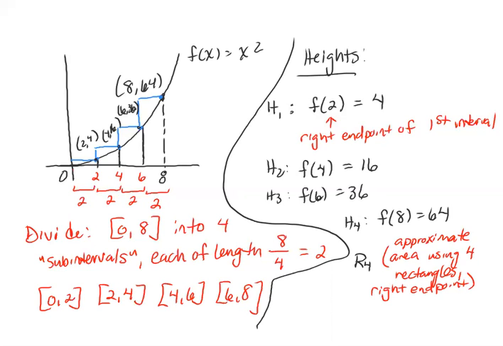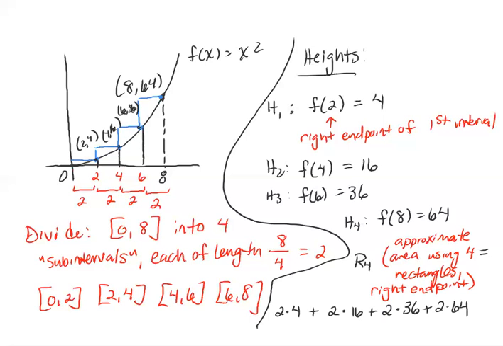And that is equal to the base of 2 for the first rectangle times the height of 4 plus the base of 2 for the second rectangle times the height of 16 plus the base of 2 for the third rectangle times the height of 36 plus the base of 2 for that fourth rectangle times a height of 64.